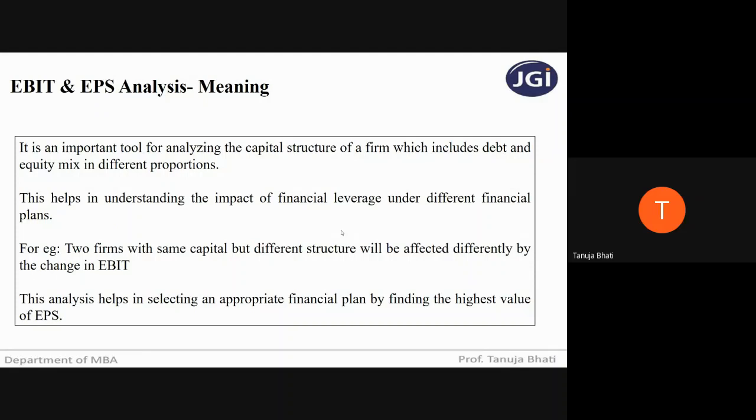So there are two firms, they require the same capital, but their structure is different. In firm A there will be only equity, in firm B there will be debt and equity, so the structure is different, right?